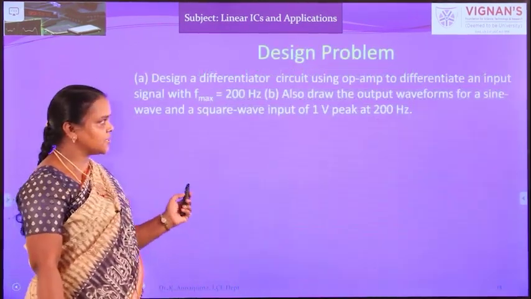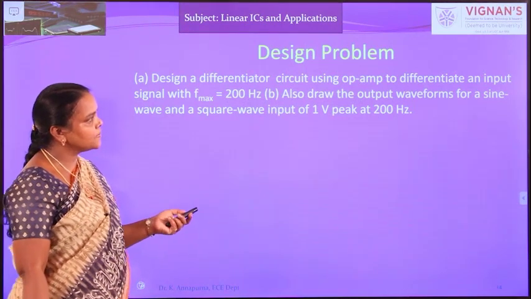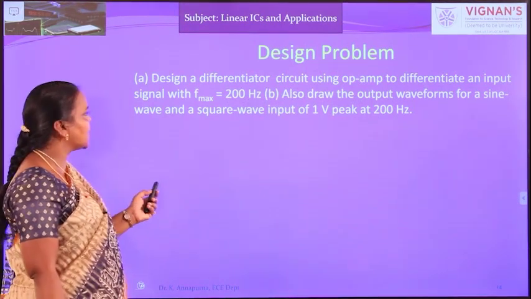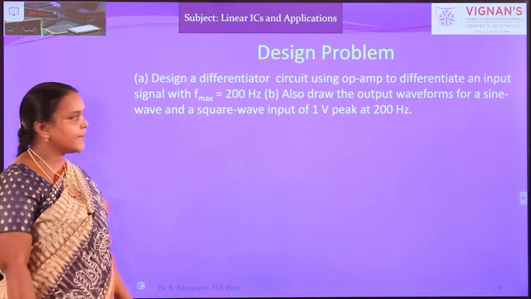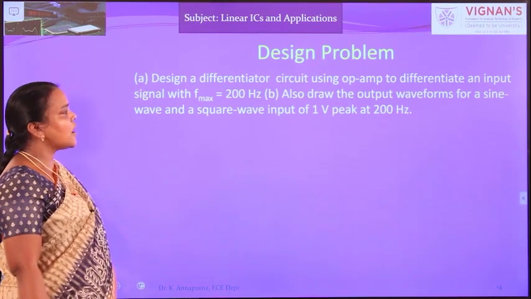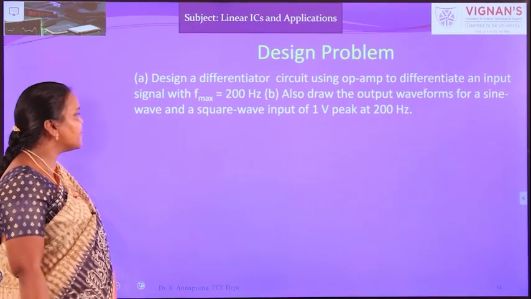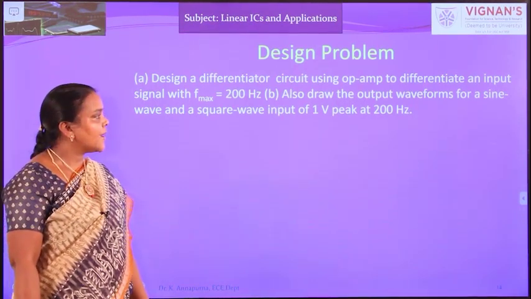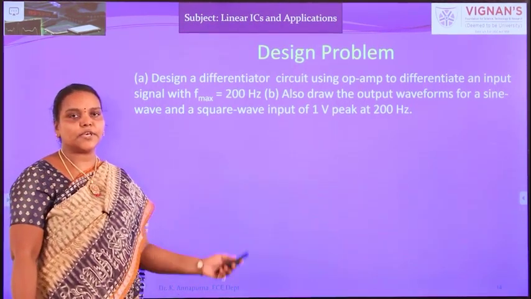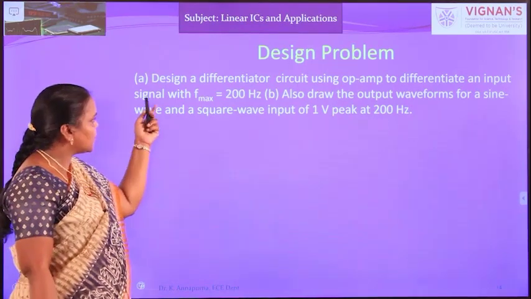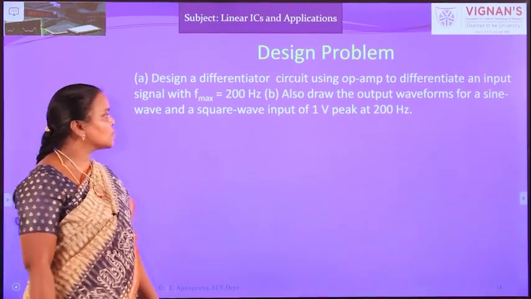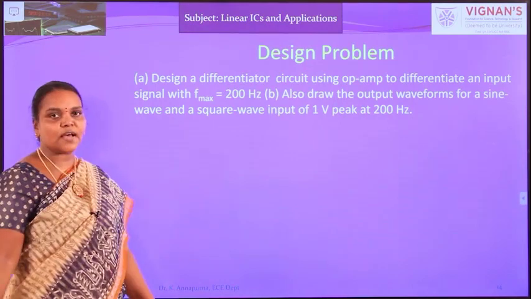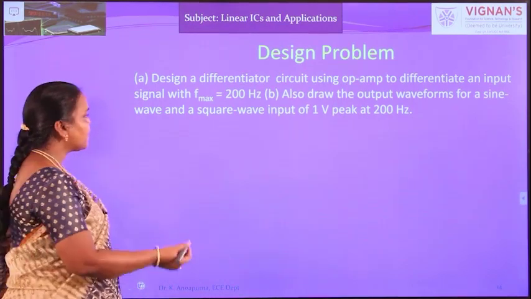Design a differentiator circuit using op-amp to differentiate an input signal with Fmax equal to 200 Hz. And also draw the output waveforms for a sine wave and square wave input of 1 volt peak at 200 Hz. Okay. So first we have to design this. So how to design? Just now we have seen the design steps. And here what is FA?